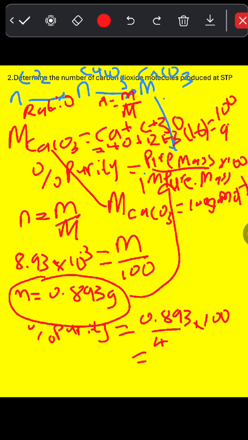That is 0.893 over 4 times 100, which will be 22.33%.